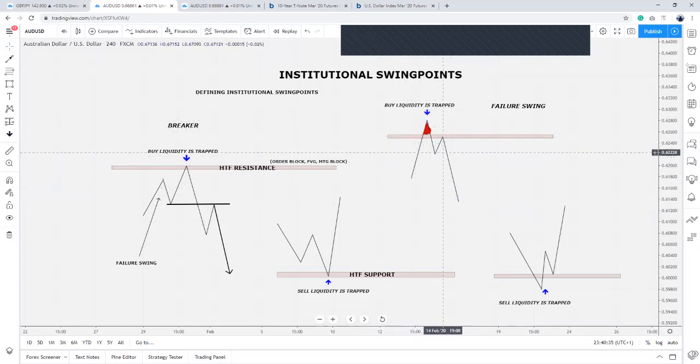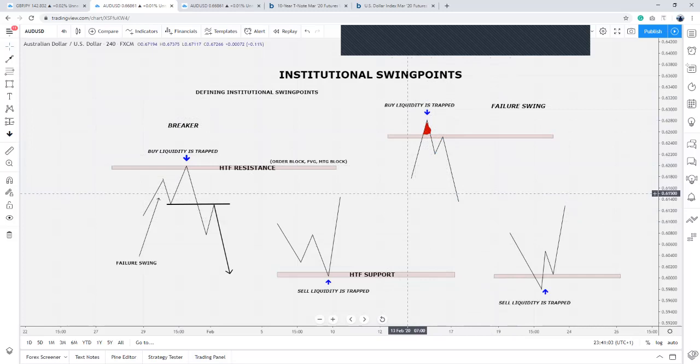For price to be repriced to the downside, there needs to be buy side liquidity being offered. IPDA is then going to drive price into where a collective pool of liquidity is resting. Then the floor traders of the central banks will reprice lower by pairing up the buy side liquidity with sell orders, which will then shift price to the downside.